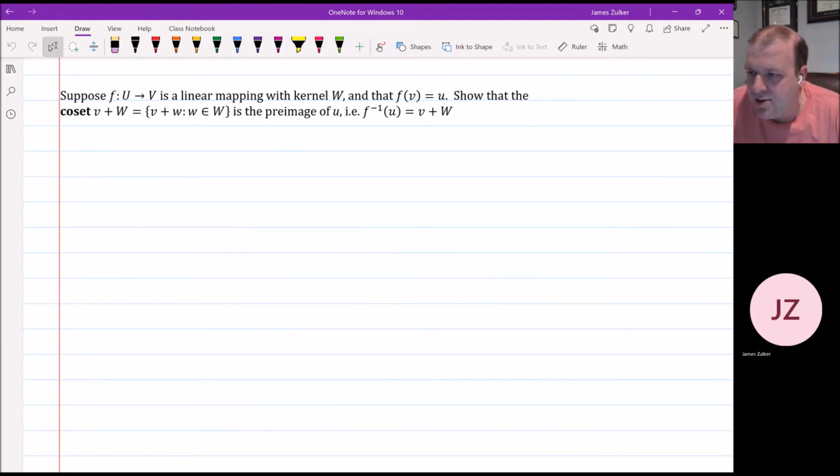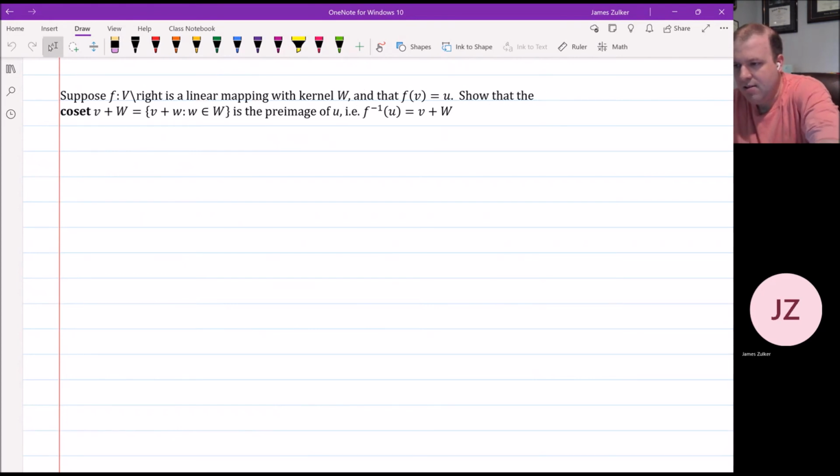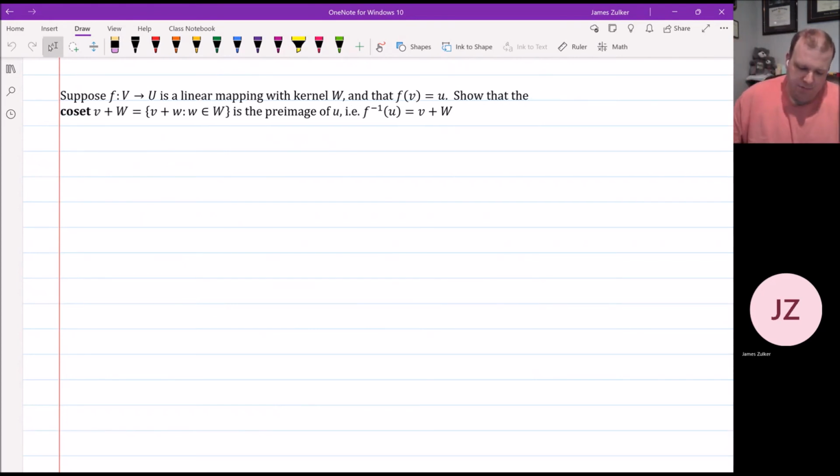So this should be V into U as such. All right, so F is a mapping from V into U with kernel W, and F of V is equal to U.